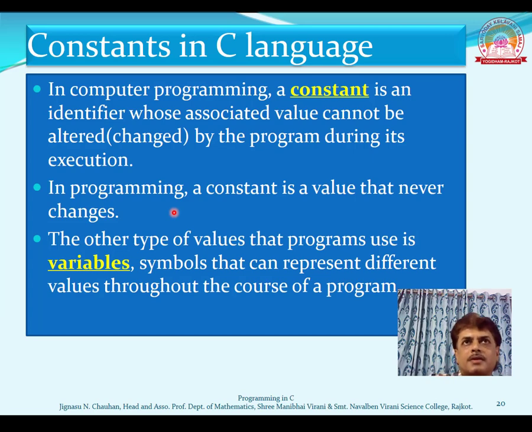Let us begin with various constants available in C language. First of all, let us understand what we mean by a constant in C language. A constant in any program is an identifier whose associated value cannot be altered or changed by the program during its execution.